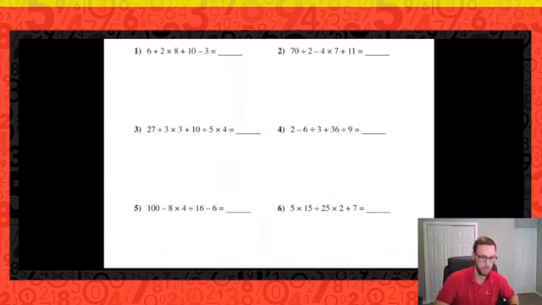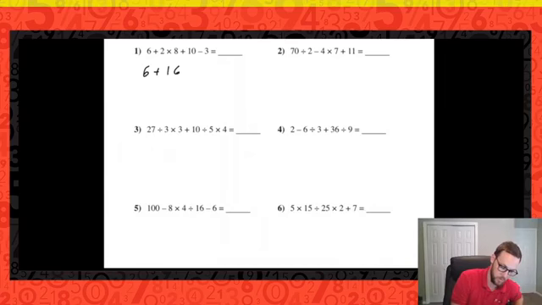We'll do a couple more. I'm going to try and do these in a couple less steps. Let's see if we can do some of this math in our head. So we'll do the first part on paper here. I know that my multiplication is first. That's 2 times 8 is 16. Let's see if we can do the rest of this mentally.